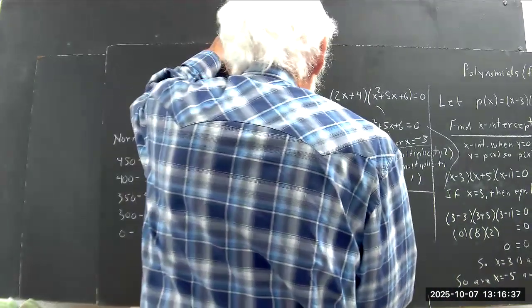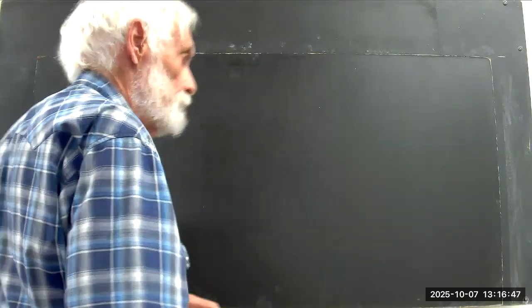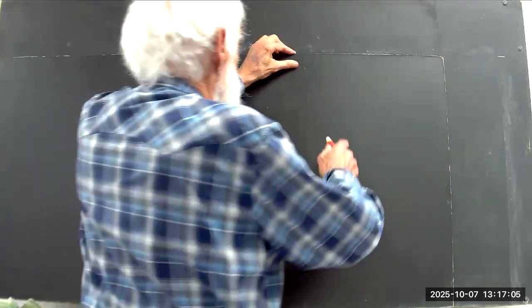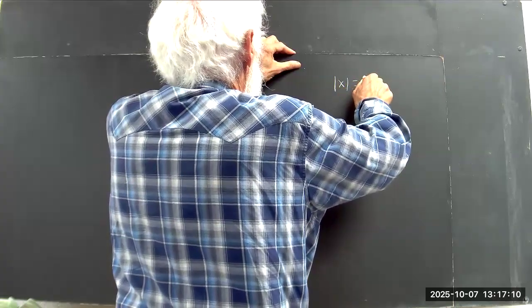All right, now we want to talk about absolute value equations and absolute value functions. Absolute value equations, if they're linear, are really easy to solve. So let's just take one like that. Let's take absolute value of x equals 7.